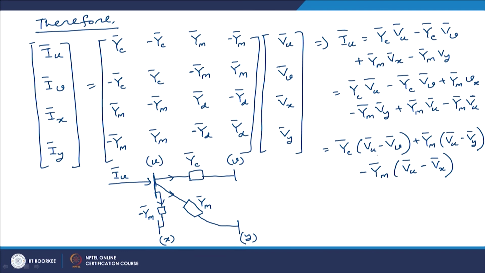This current is nothing but YC into VU minus VV. This current is YM into VU minus VY, and this third current is equal to minus YM into VU minus VX. So, we have represented the first row of this matrix equation by an equivalent circuit.